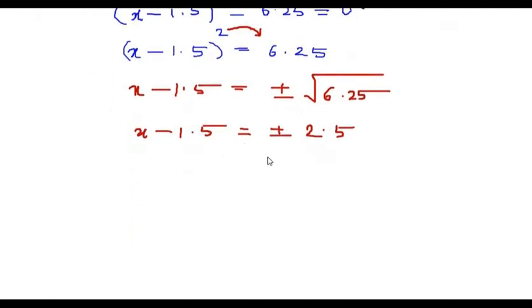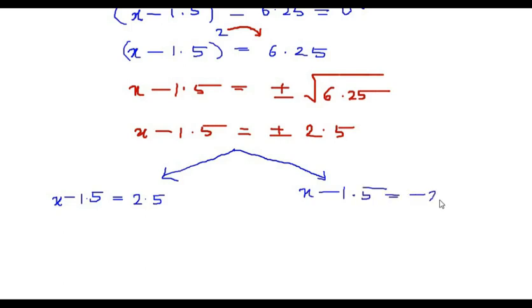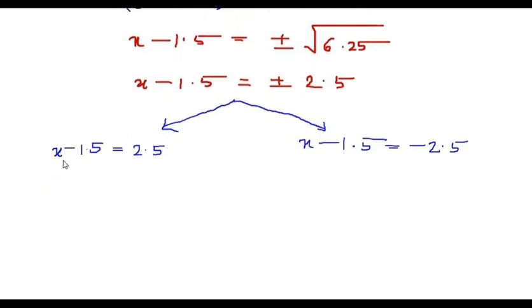Now we have to solve it two times, once taking it as plus 2.5 and once taking it as minus 2.5. So we have x minus 1.5 equals 2.5 and x minus 1.5 equals minus 2.5. So x equals 2.5, and the 1.5 goes to the other side and turns to plus 1.5. So we get the value of x as 4.